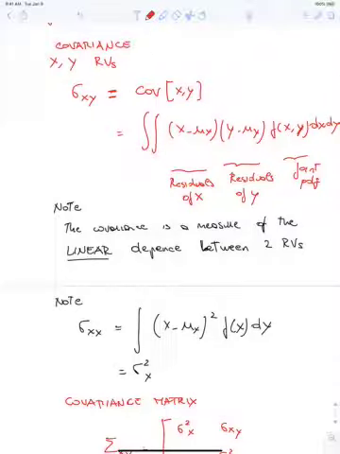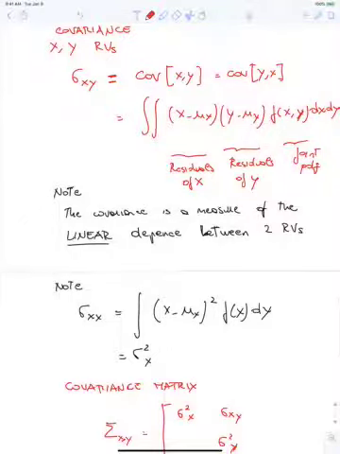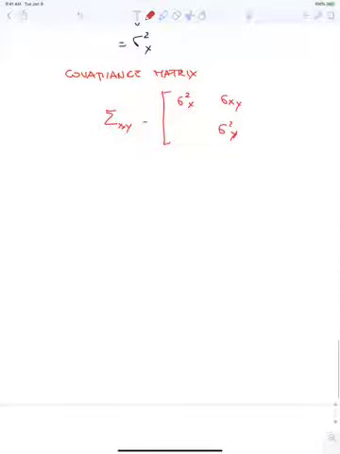Now notice that this one here is the same as the covariance of y and x because of the commutative property of the product. So this one here is actually a symmetric matrix. By construction, since you have variances on the diagonal, this is also positive definite.